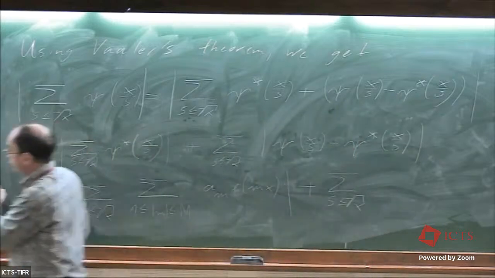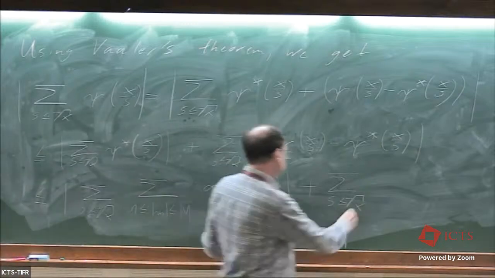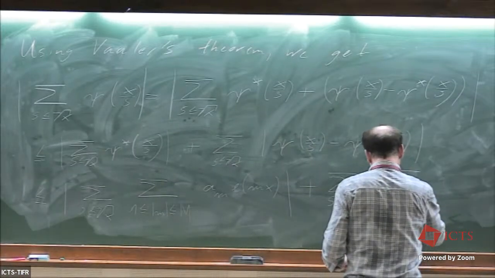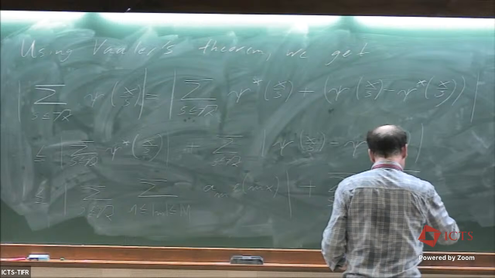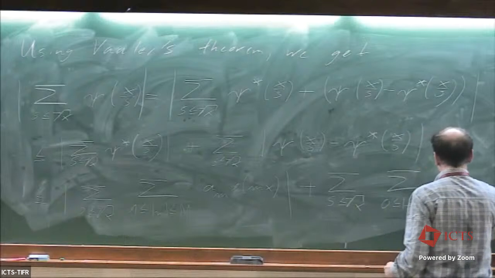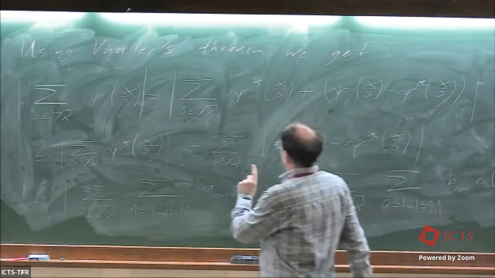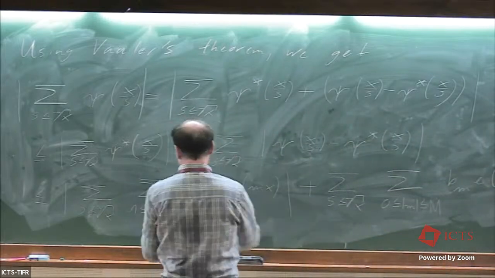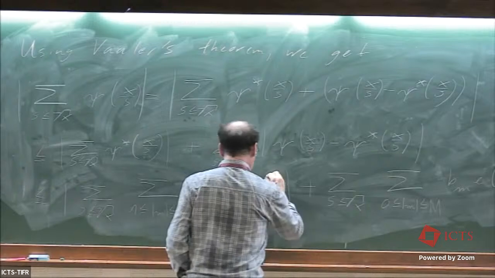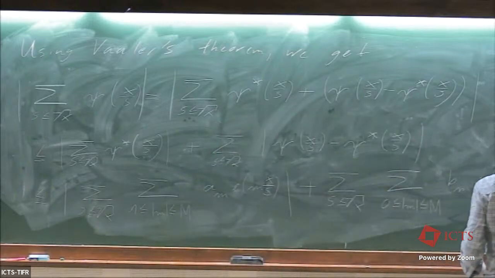And then we use that bound here, divided by s. So this should be x divided by s.